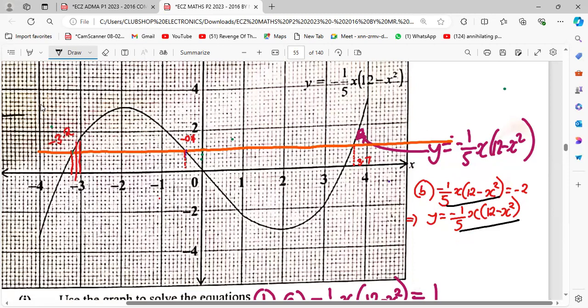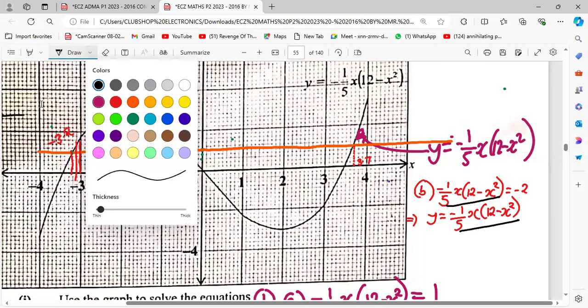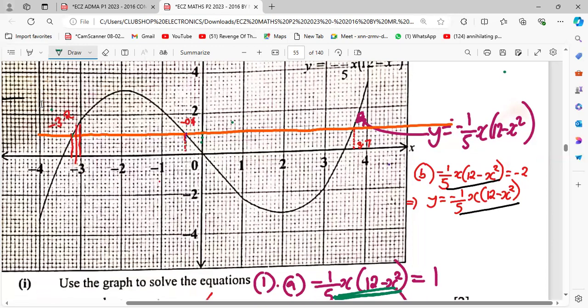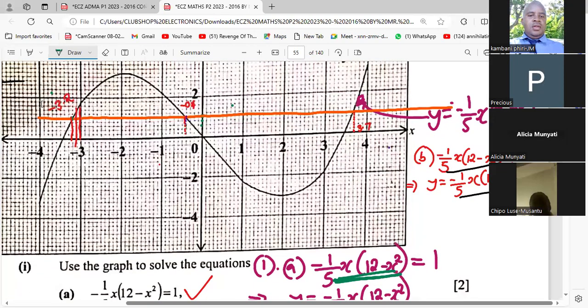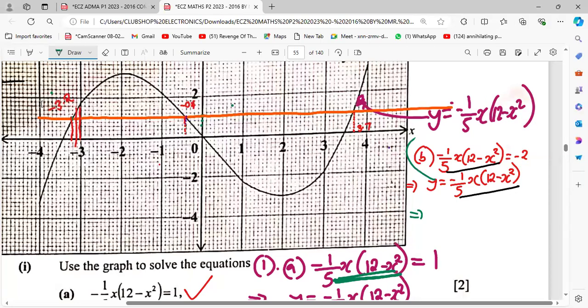So what is our conclusion? Are they the same or different? They are the same. If they are the same, then you equate y to -2. Y is equal to -2. Is that fine? Yes, sir.